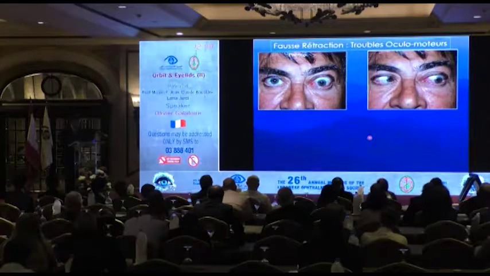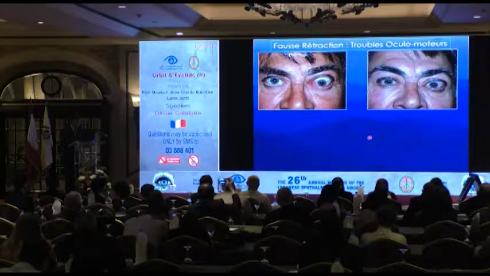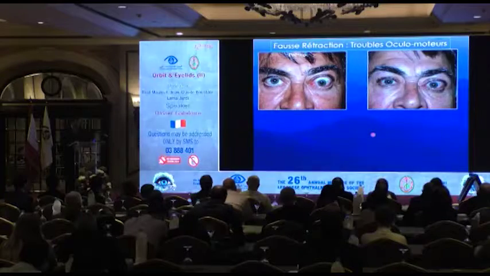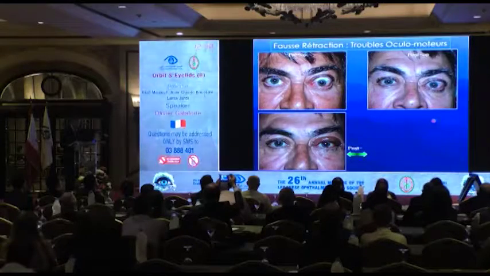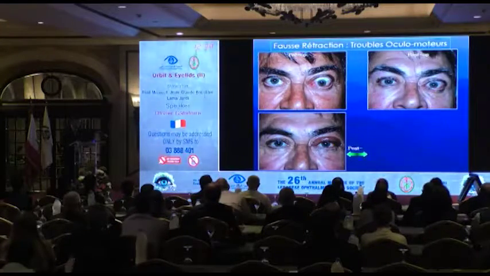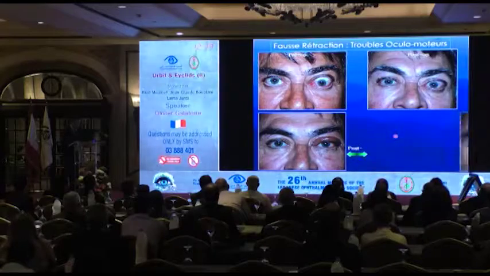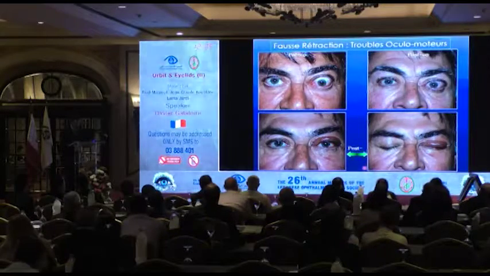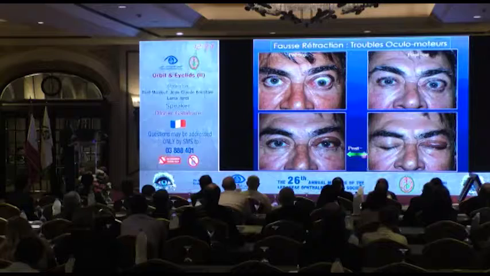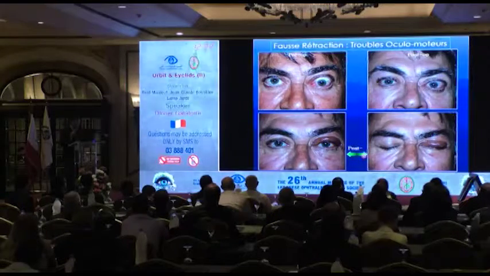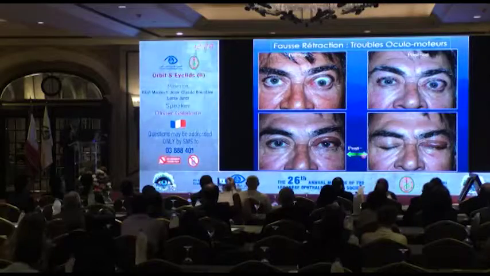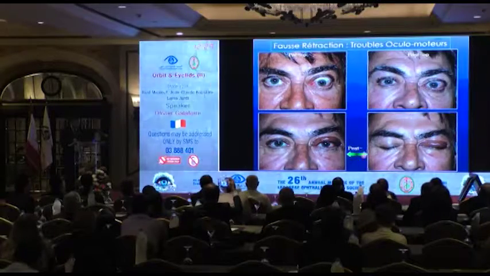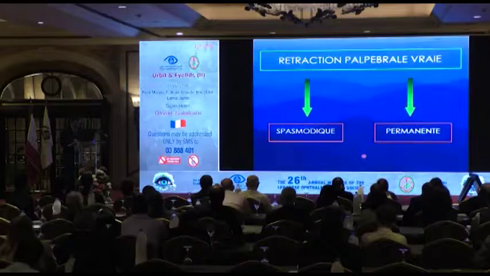If you do the muscle surgery, strabismus surgery, vertically, you can see much less retraction, and only 1 millimeter of remaining retraction can be operated by the anterior approach. So you have to clearly distinguish what is the retraction and what is the proptosis or the eye limitation.